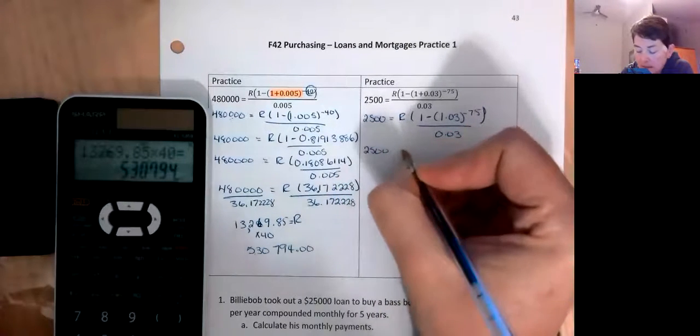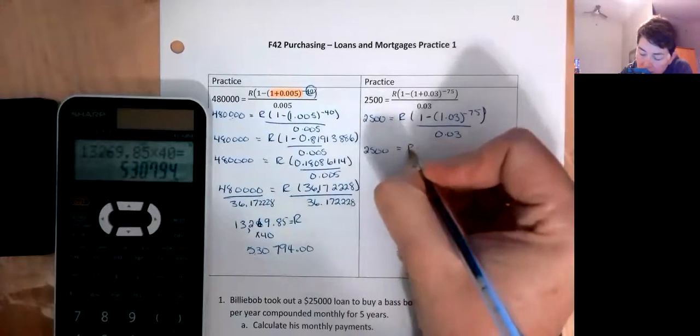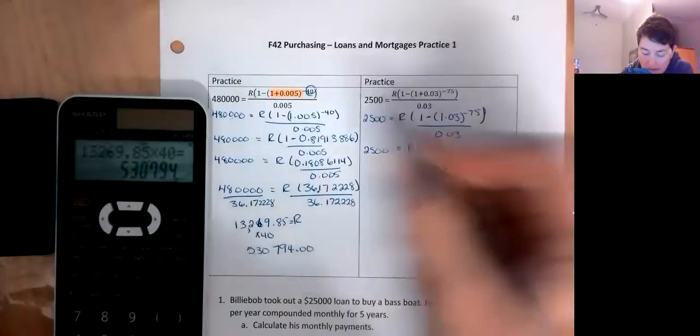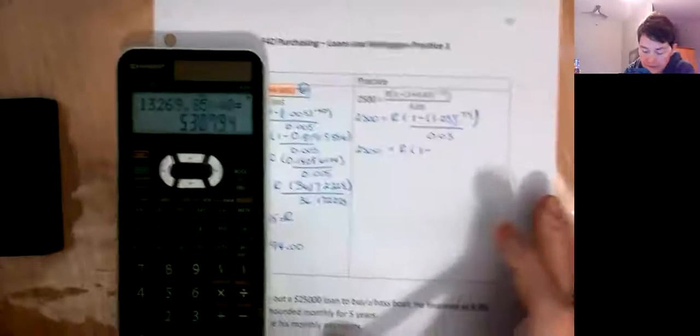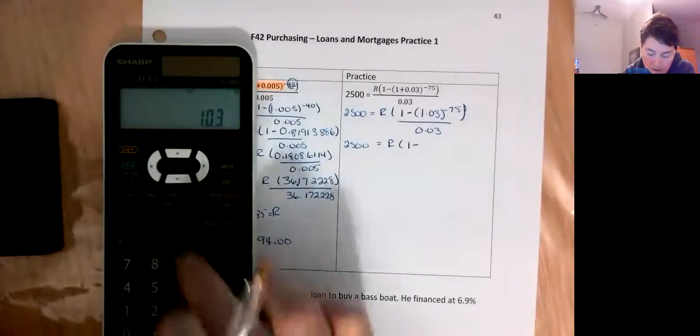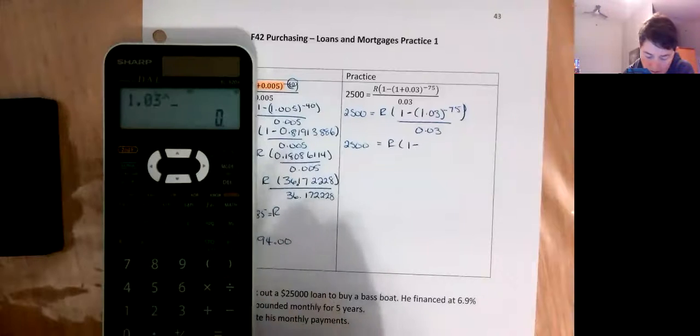So 2,500 is equal to R times 1 minus, okay, 1.03 to the power of minus 75.